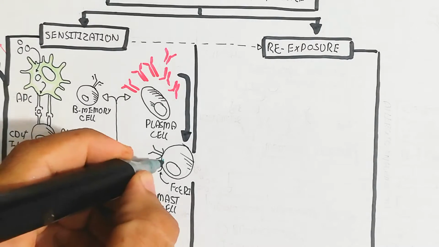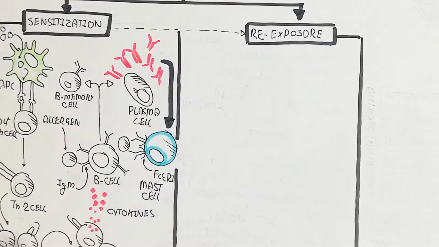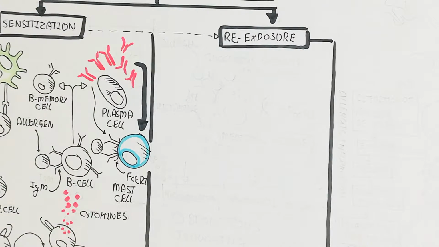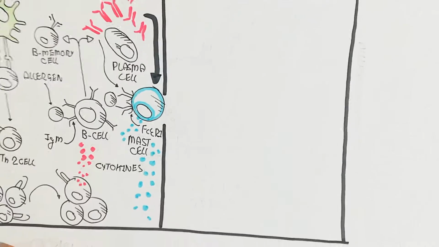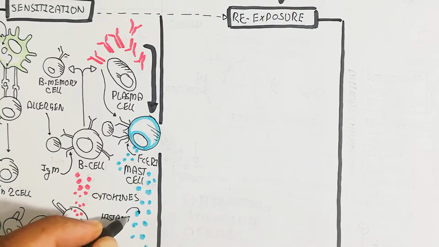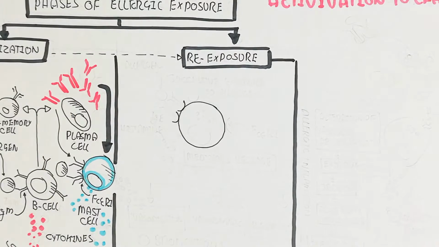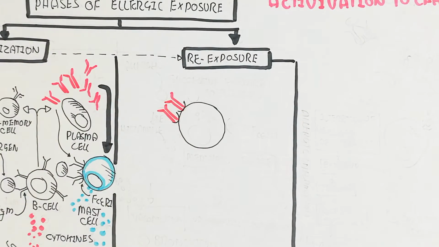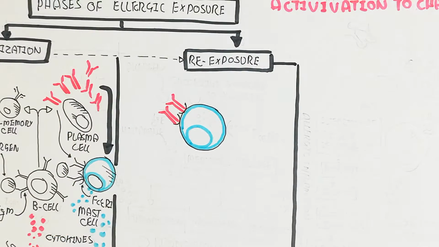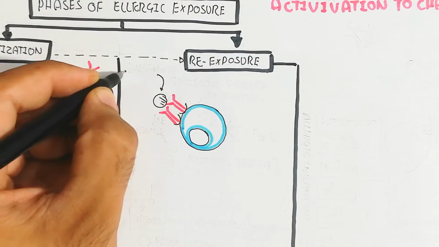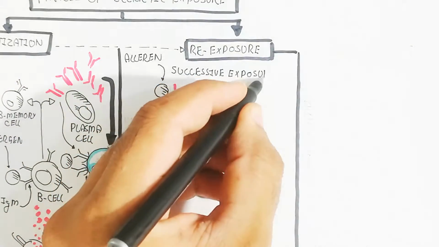After this binding, the two subunits of the antibody combine with the allergen to trigger mast cell degranulation to produce histamine, and other mediators are also produced, but we are just focusing on histamine. The basophil works like this too, but basophils produce other mediators for allergic reaction, but here we will focus on the mast cell.